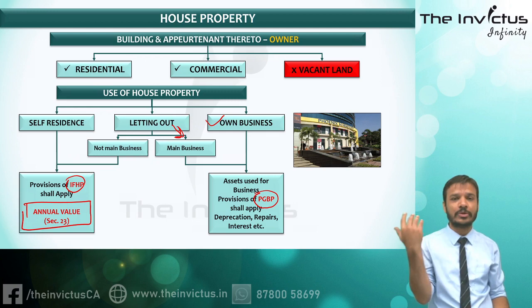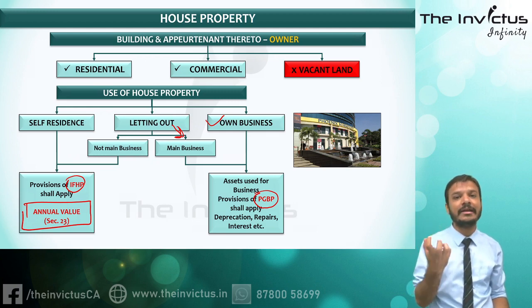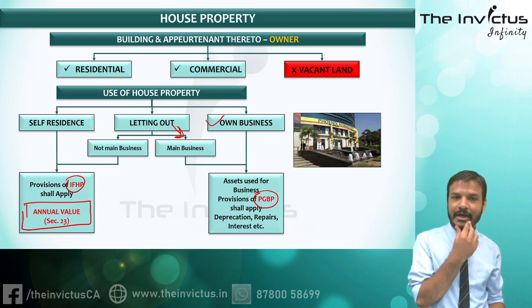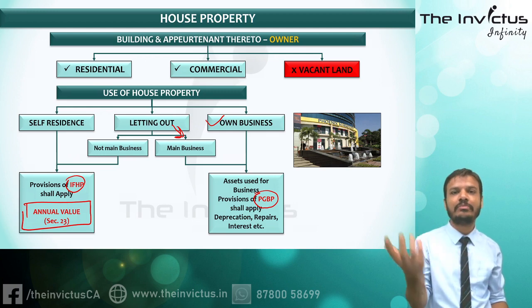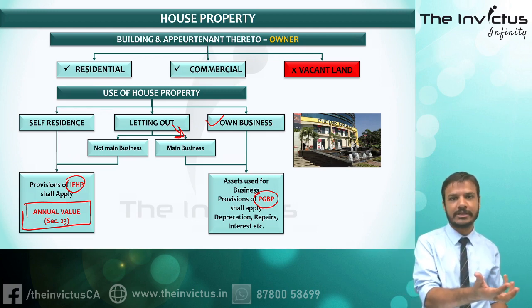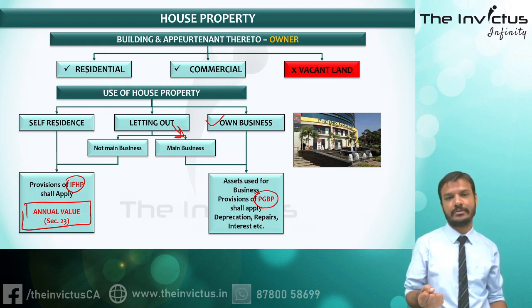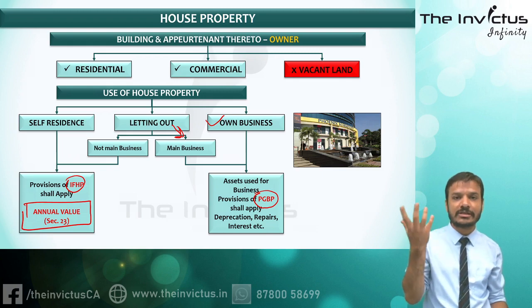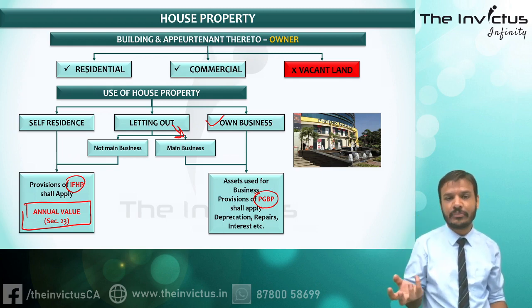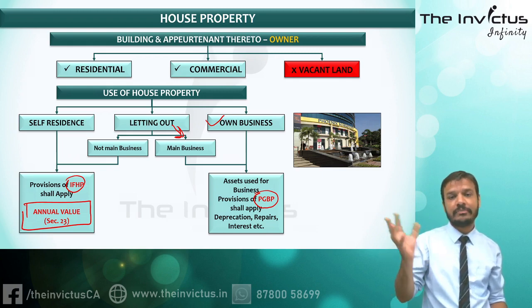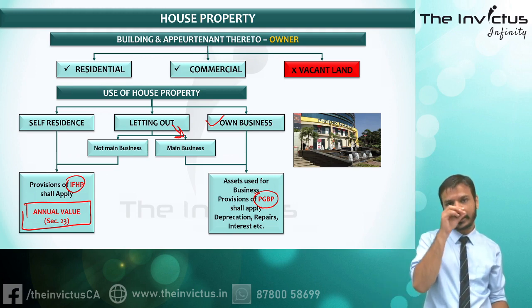If I'm building a super mall, then what would be my intention? My intention would be to lease out those shops and generate a rental income from that. Definitely my main object is what? To construct such kind of building, or to acquire such a kind of building, let out the same, and generate income. Okay.